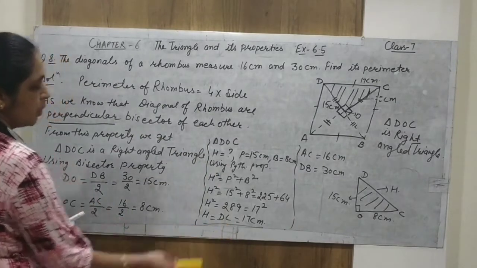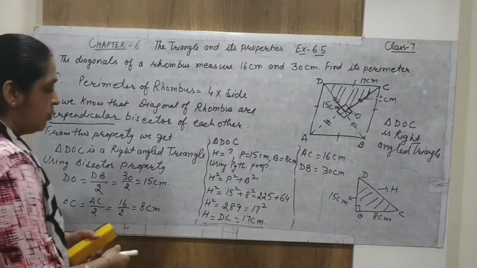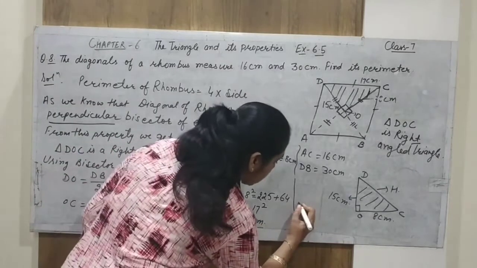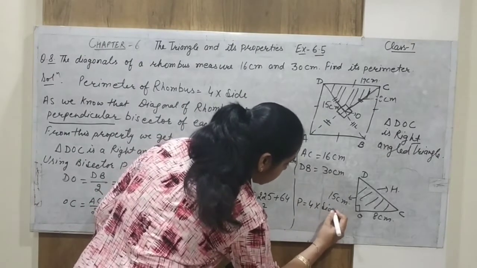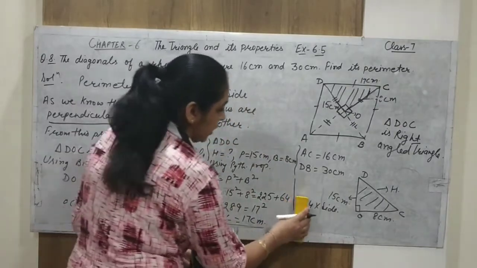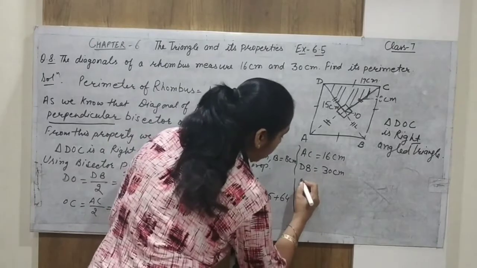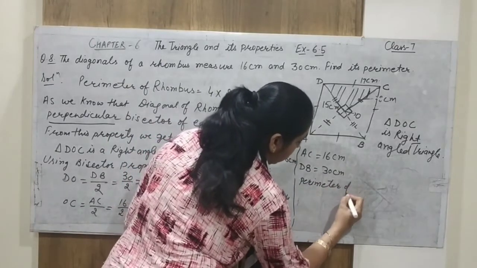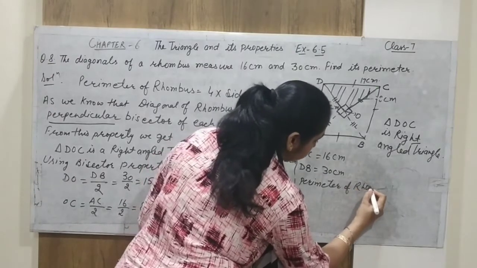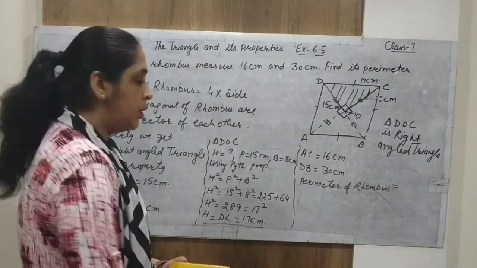So after this we can find out the perimeter. Perimeter is equal to 4 into side. We can write here after this. Let us remove this one because this is not required. So perimeter of rhombus is equal to 4 into side.